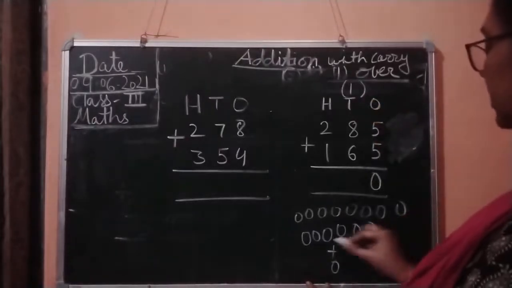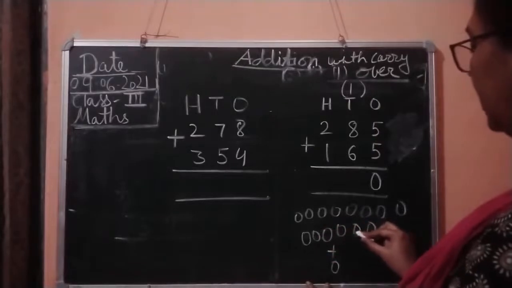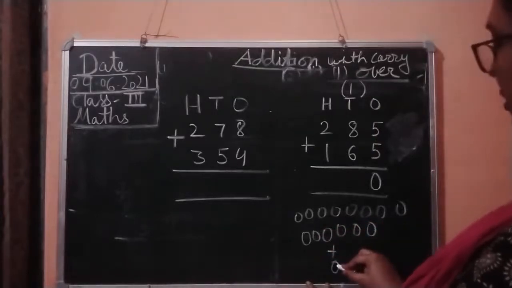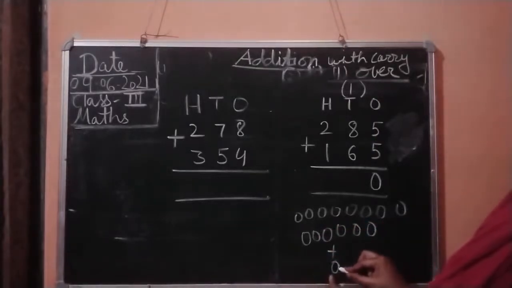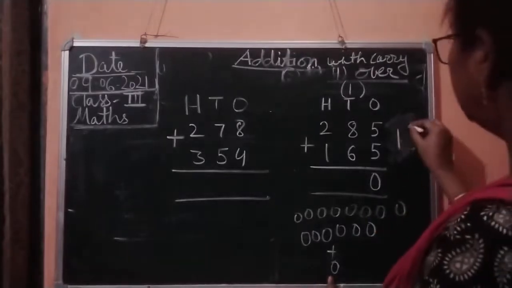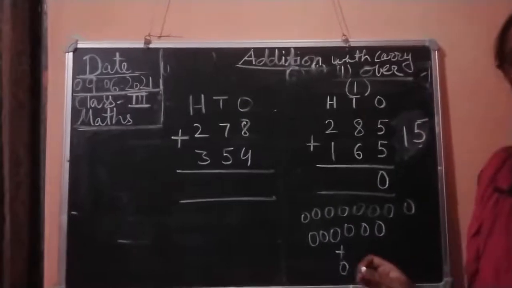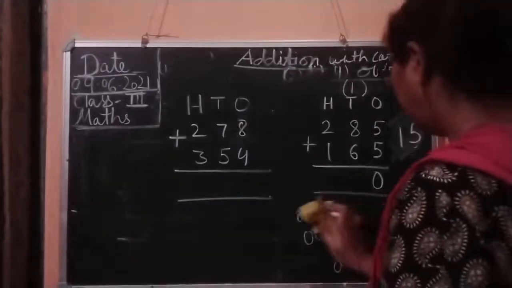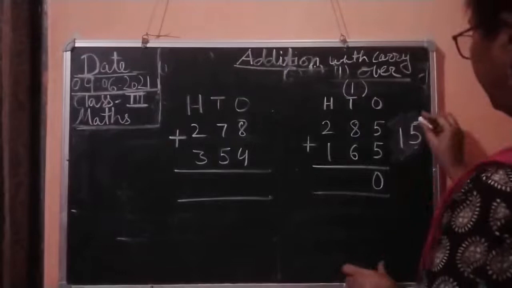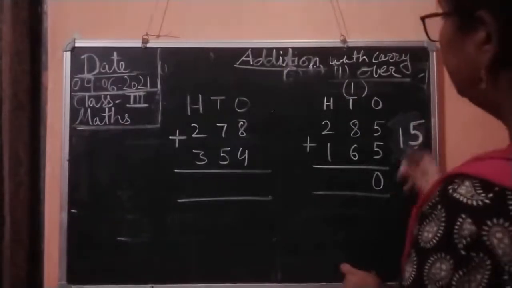So 8, 9, 10, 11, 12, 13, 14 and 15 plus carryover. So this is 15. The answer is 15. Now 15 is the answer. So how will we do this? Because 15 is there. So what will we write?